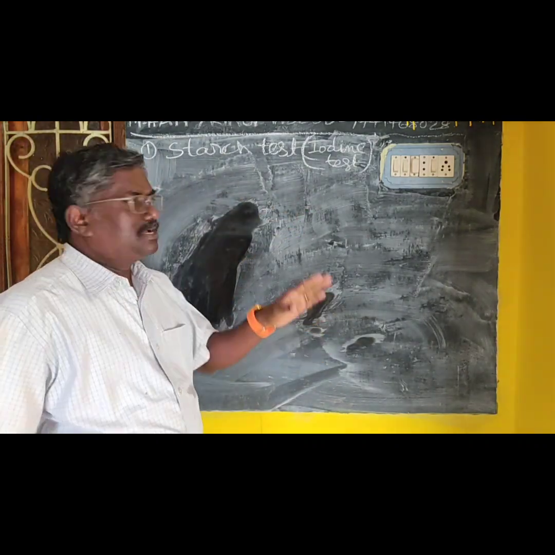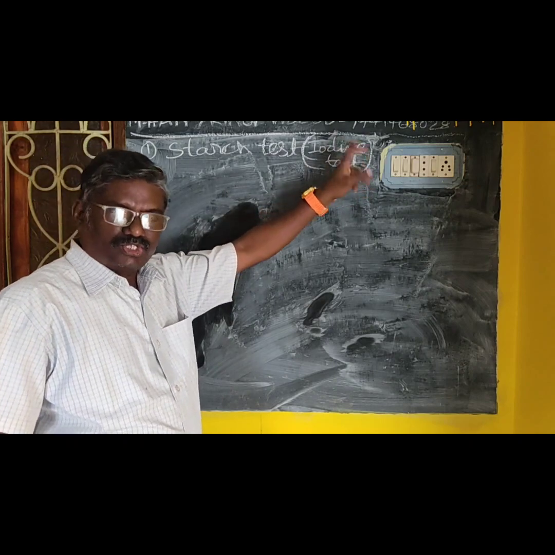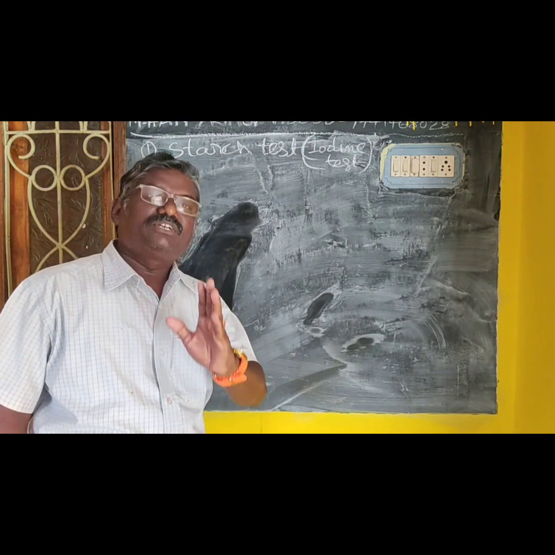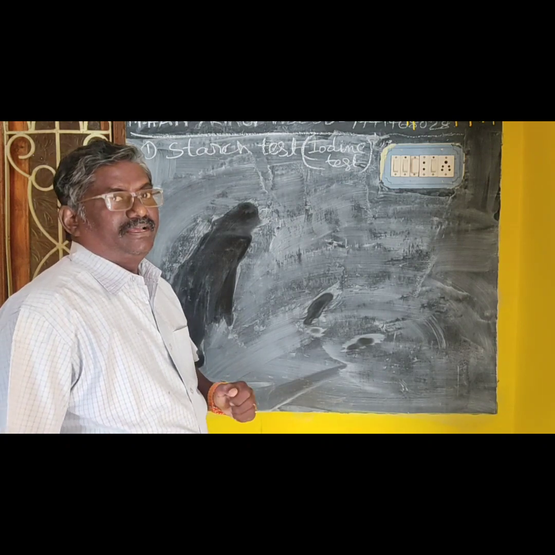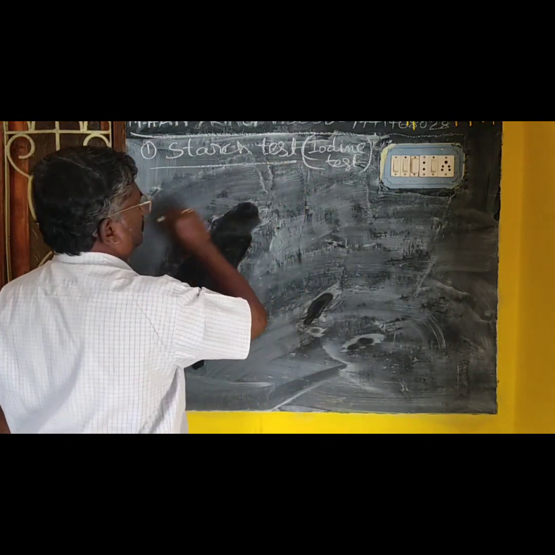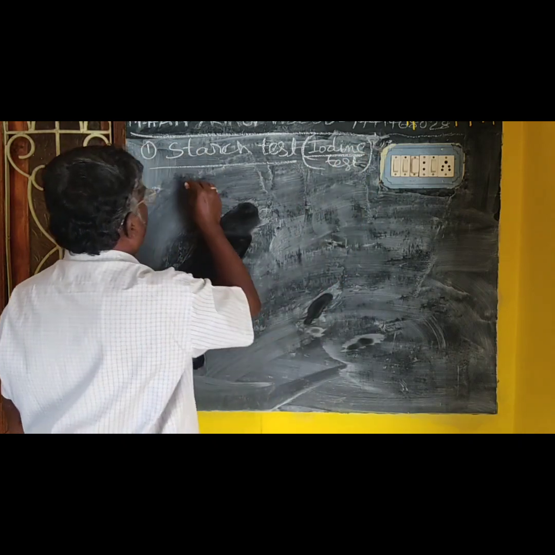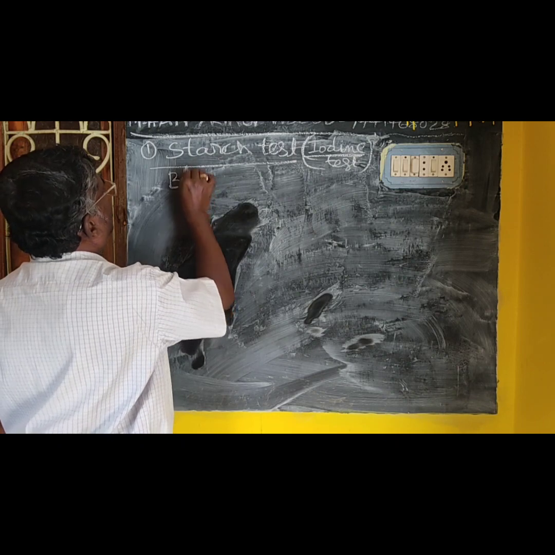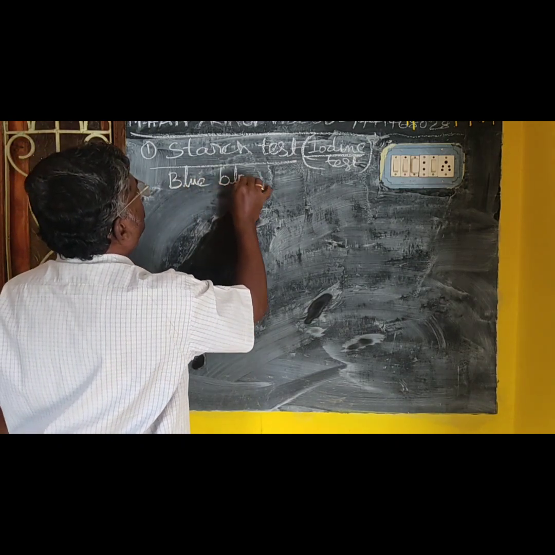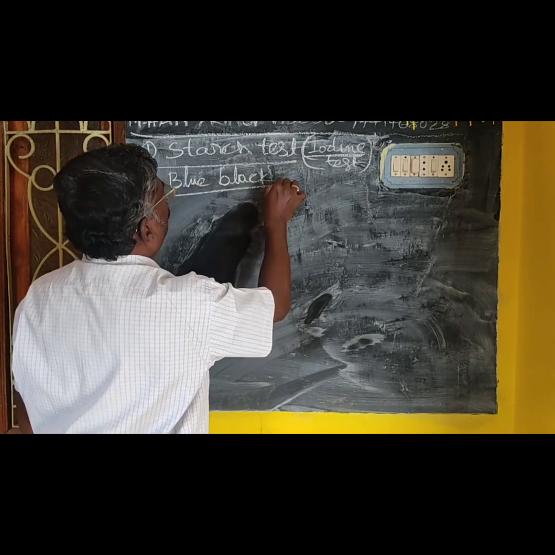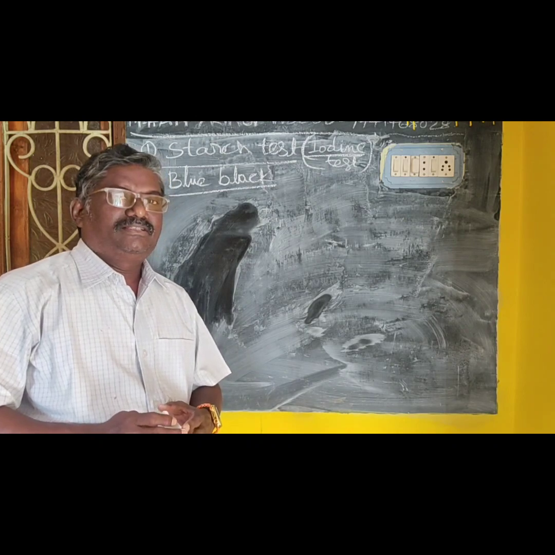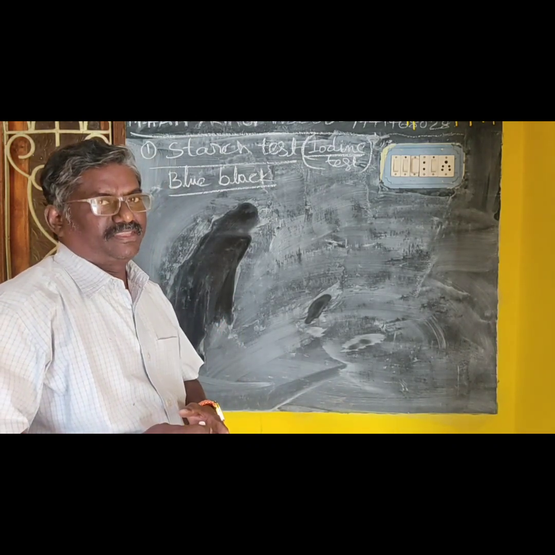When the iodine solution turns a blue-black color, it indicates the presence of starch in a leaf.